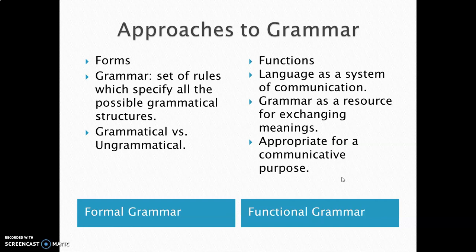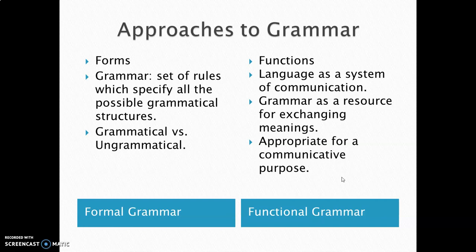Now, in order to decide if a stretch of language is appropriate for a certain purpose, you have to take into account the context of situation. That is, something that is outside language itself and is connected with what we are doing, where, what for.